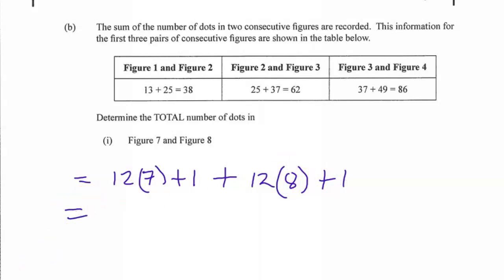So 12 times 7, that's 84, 84 plus 1, that's 85, and 12 times 8, that's 96, plus 1, that's 97, so 85 plus 97 gives us 182.